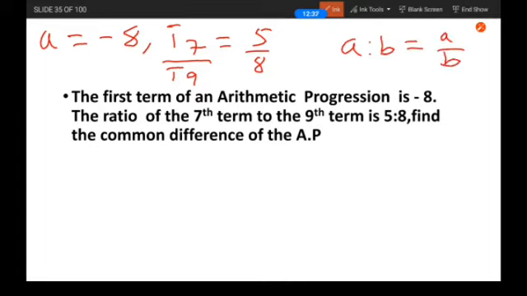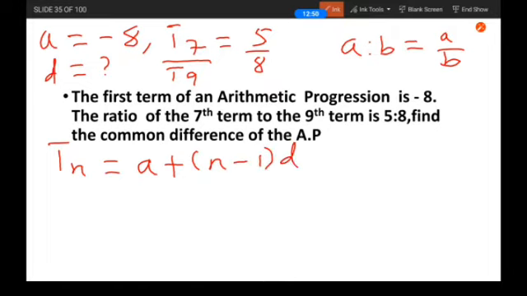Is that okay? Find the common difference. We are looking for common difference, usually D. You have to quickly note that nth term of an AP is A plus N minus 1 D, where D is a common difference, where A is the first term, and where N is the nth term.